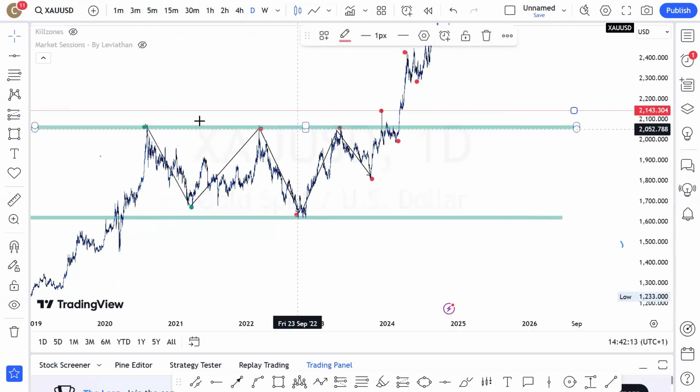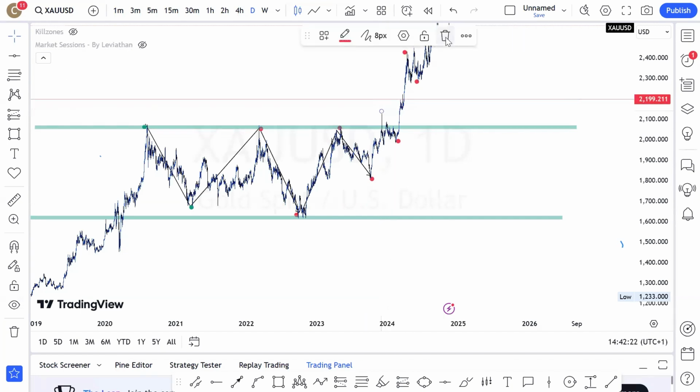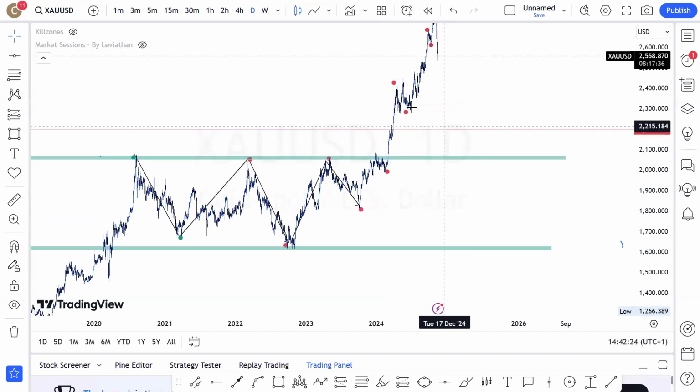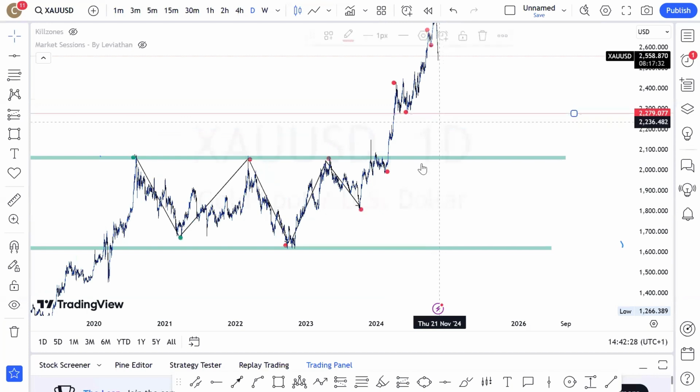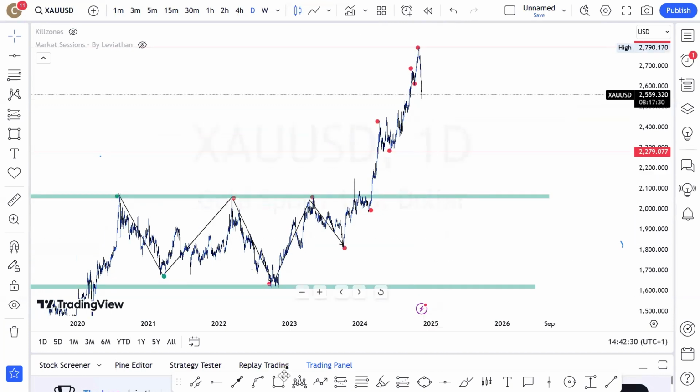So this was a liquidity run on this one. So this is not going to be valid. Okay, take this out. Then of course this one. So this was a low at a point. You double the line to get the most touches there.